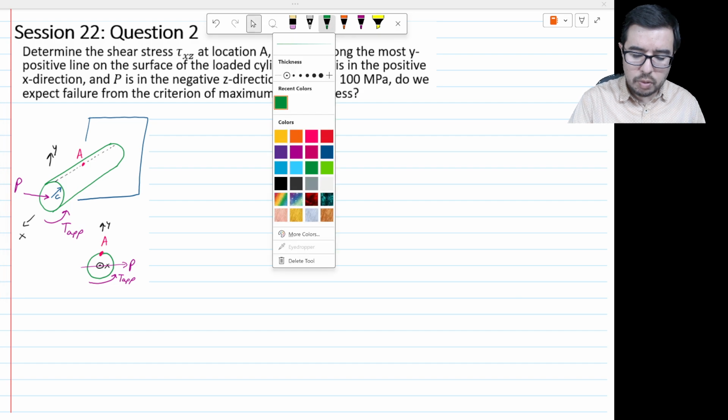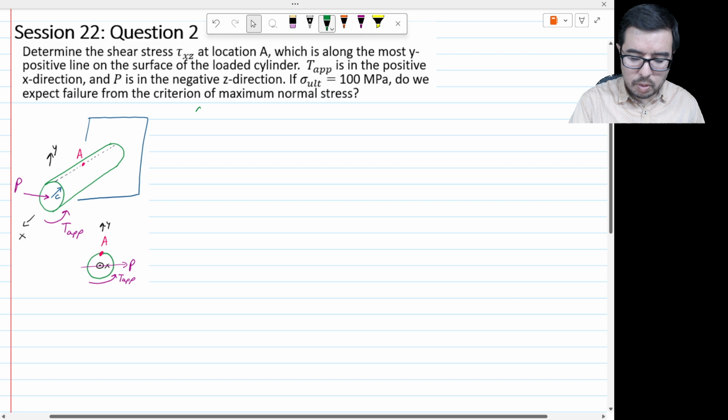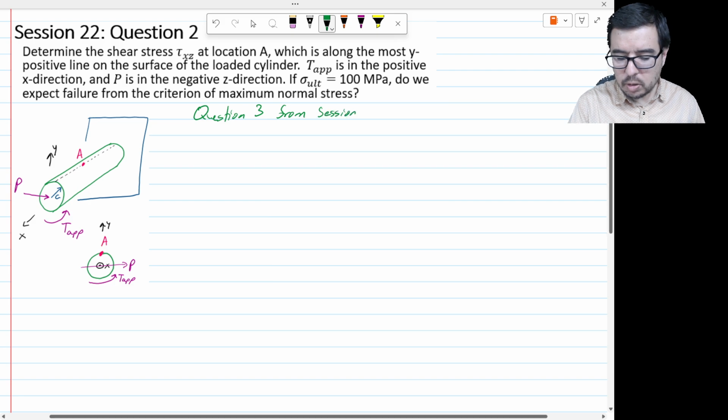So if you would like to go back, question number 3 from session 16 has this same configuration with the P and the T app and the cylinder.